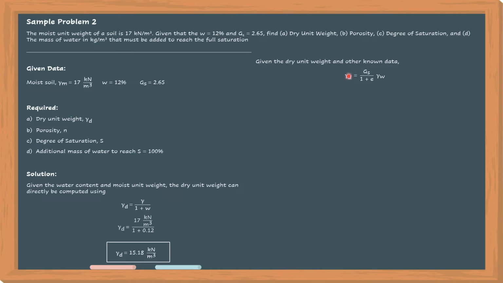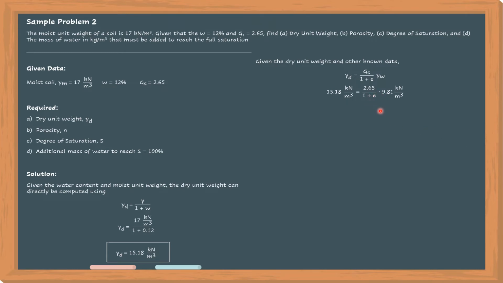Actually, this is derived from equation number 2, which is gamma sub M, or gamma lang, is equal to G sub S plus SE over 1 plus E times gamma of water. And since dry ang degree of saturation, so yung term sa numerator na SE is magiging 0. And then yung nasa left side ng equation is dry unit weight. Okay? So let us now substitute the known values.